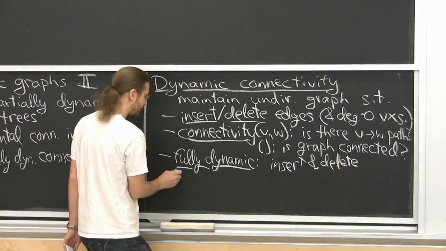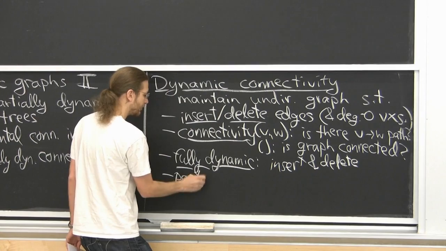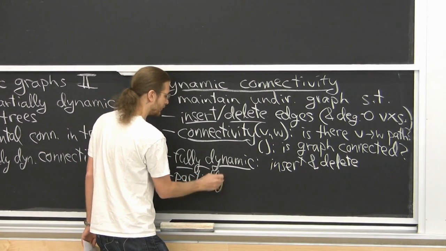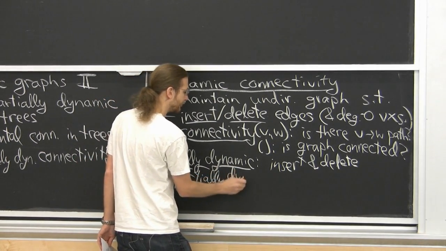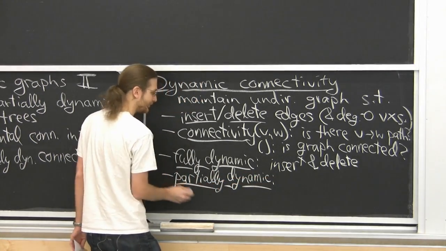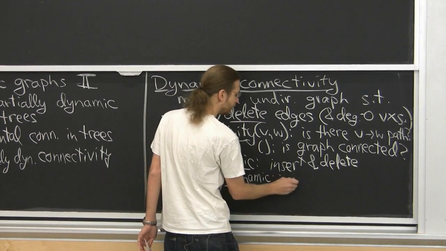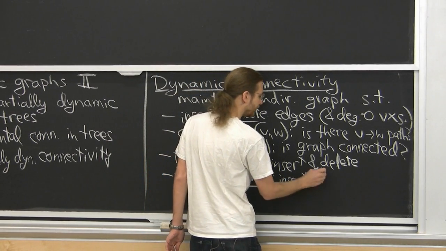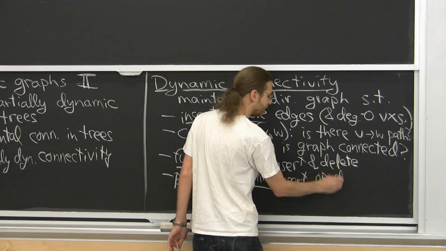And a partially dynamic data structure is one where you can do inserts or deletes. So you can only do inserts, or you can only do deletes throughout the lifetime of the data structure.